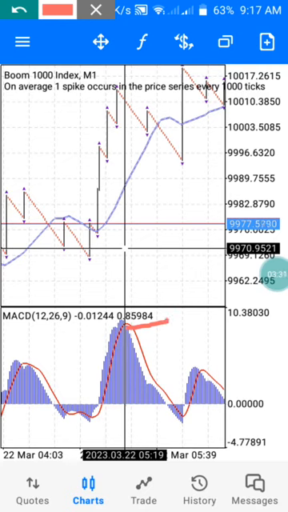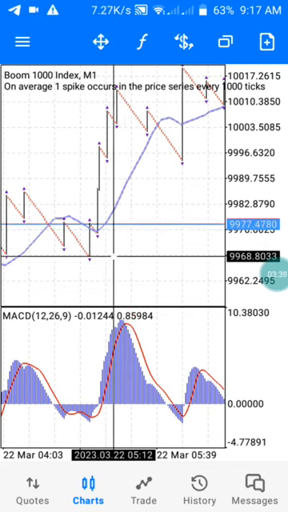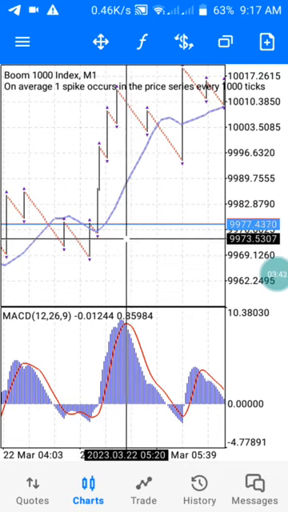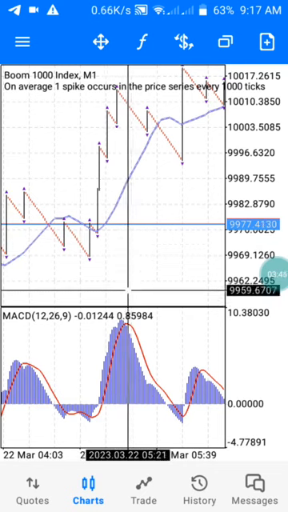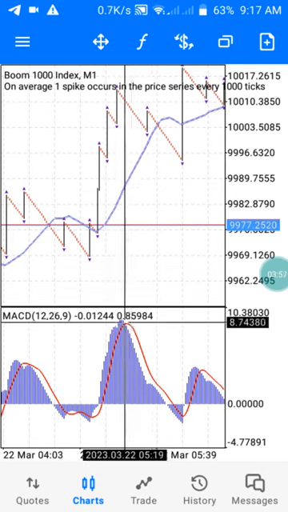Anytime it breaks out of the MACD, that is the time for you to enter the market. Let me show you this. There is a breakout between the MACD and the moving average at this section. The MACD goes up to this level, and my moving average flows up to this level, but there is a breakout. You see, the moving average moves outside of the MACD.